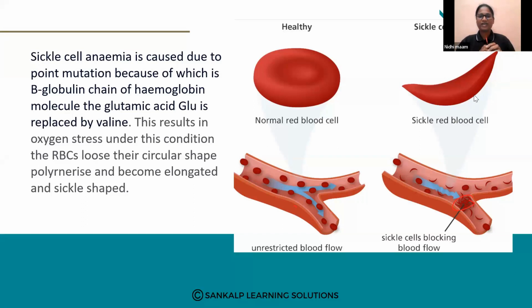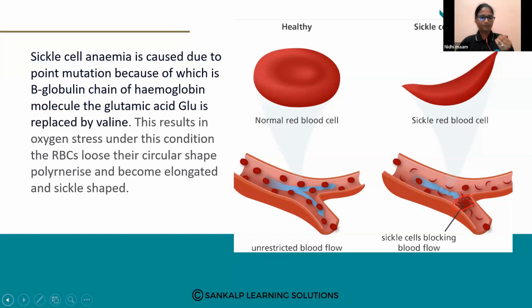Like this we have to write the answer. What is sickle cell anemia? It is a genetic disorder caused by point mutation where glutamic acid is replaced by valine. What does it cause? It changes the shape of RBC into a sickle shape.